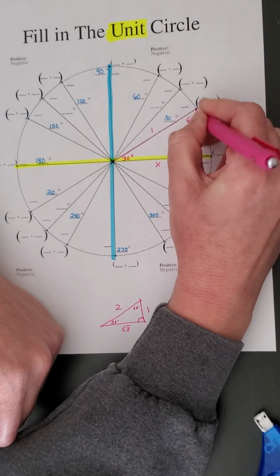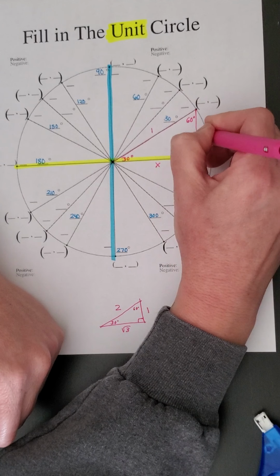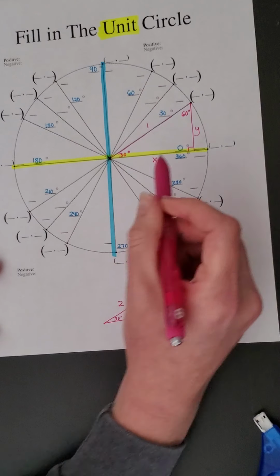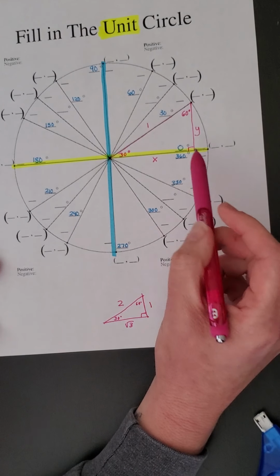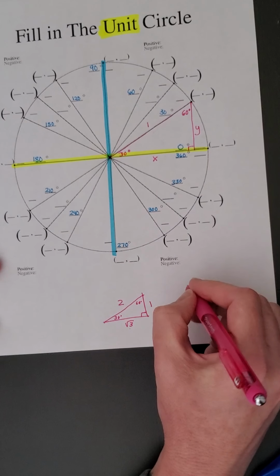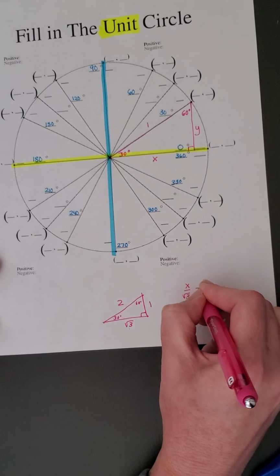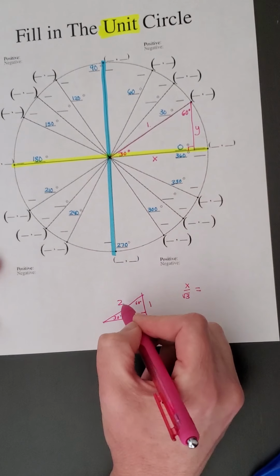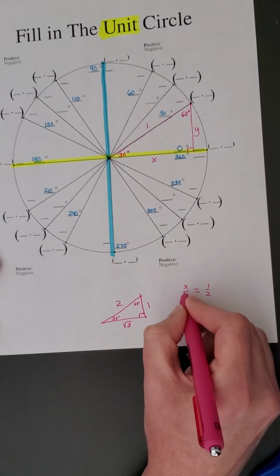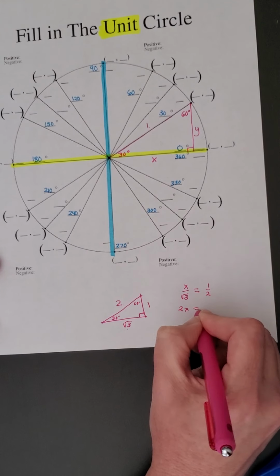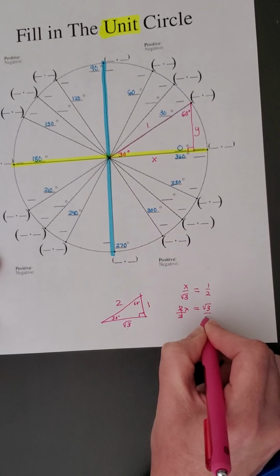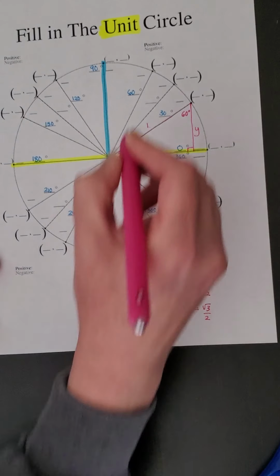This is my y value, going up and down, which is y. If I want to know my x and y values, I can create a proportion where x is to √3 as 1 is to 2. If I cross multiply, I get 2x equals √3, and then divide by 2. X is √3 over 2.